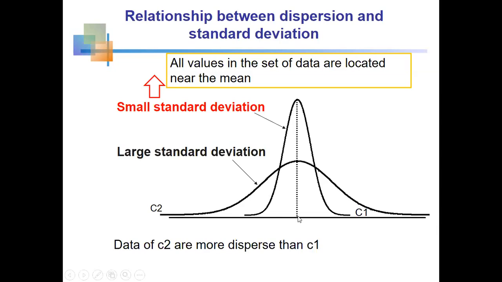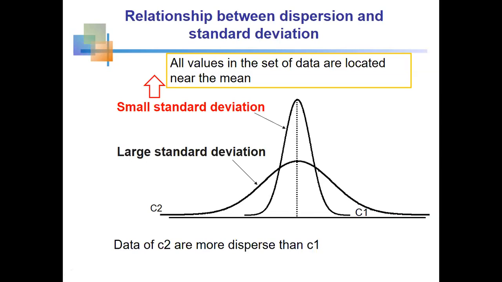Mean is in the middle. Mean, median, mode is in the middle. And C1, the highest point is closer to the mean. The spread of data for C2 is wider compared to C1.